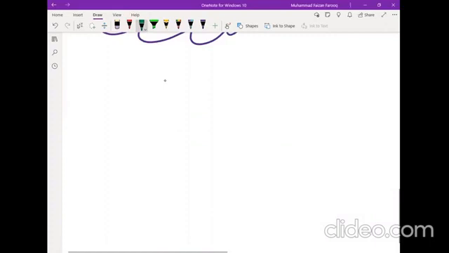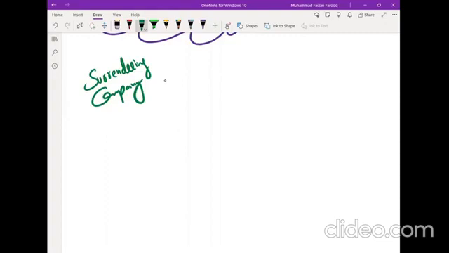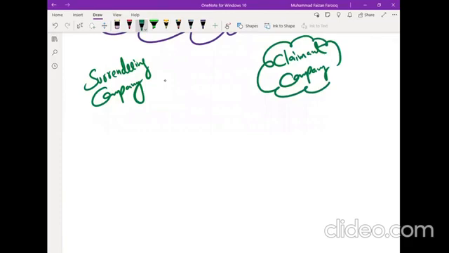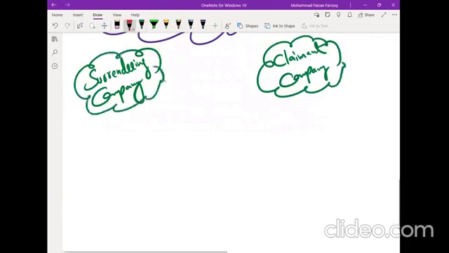One is surrendering company, and the second term is claimant company. What does this mean? We are going to learn now. Surrendering company is a company who suffered loss, who incurred loss, and claimant company is the one who is claiming the loss.